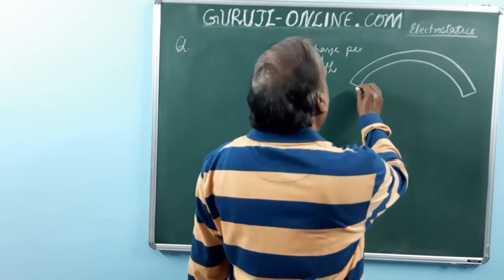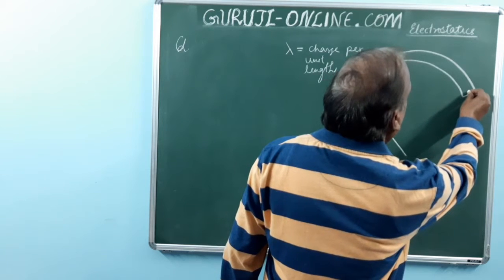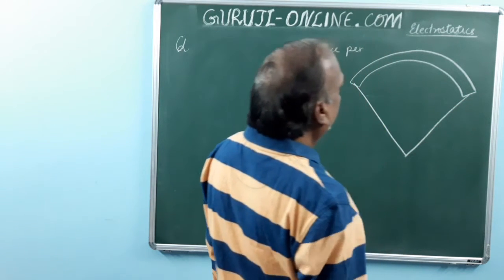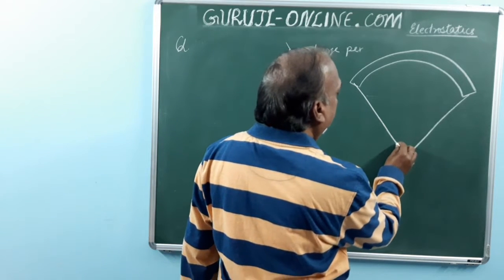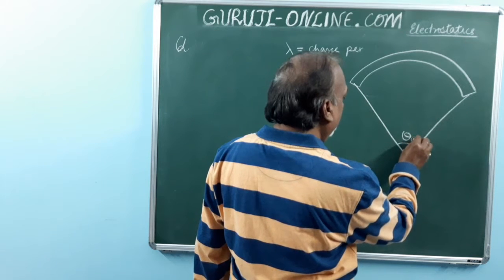Suppose this arc is there, which is subtending an angle of theta 0.